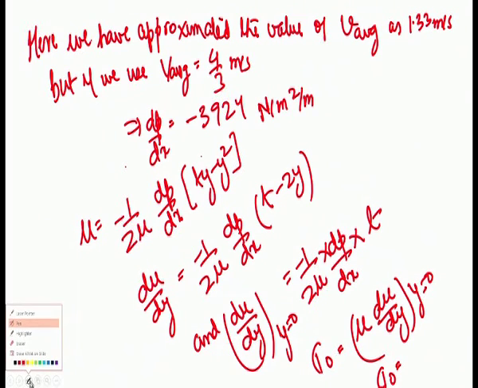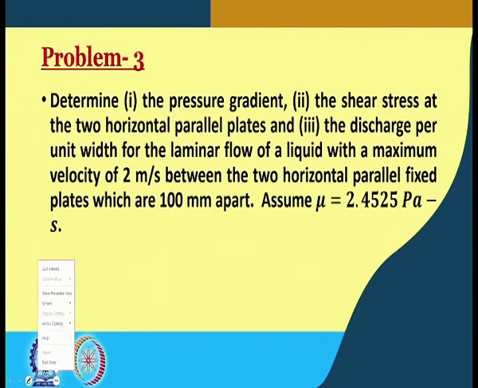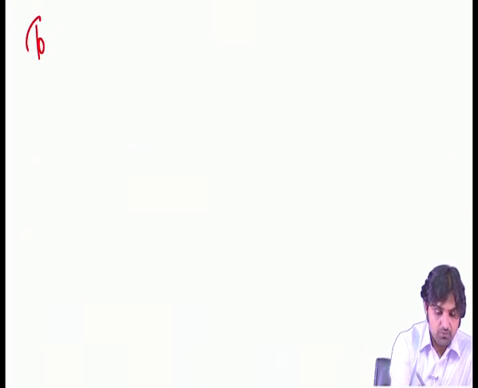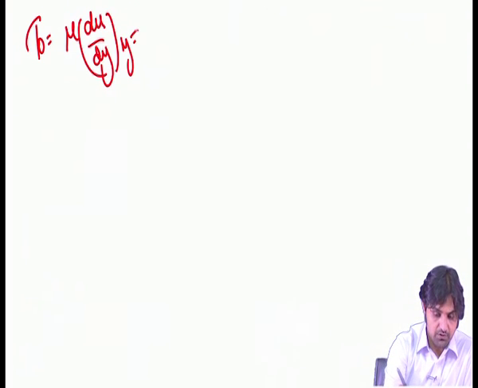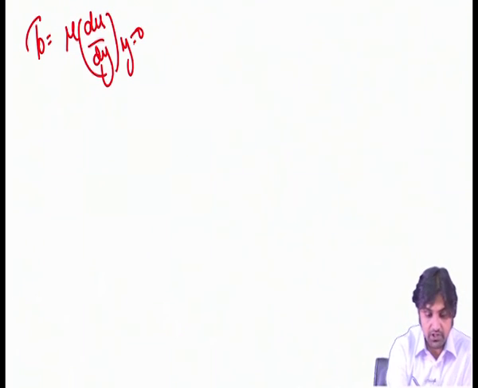So, first let me do the eraser. I am choosing another sheet now, white screen. So, tau naught is going to be, writing that equation again, mu du by dy at y is equal to 0, which we have already calculated.